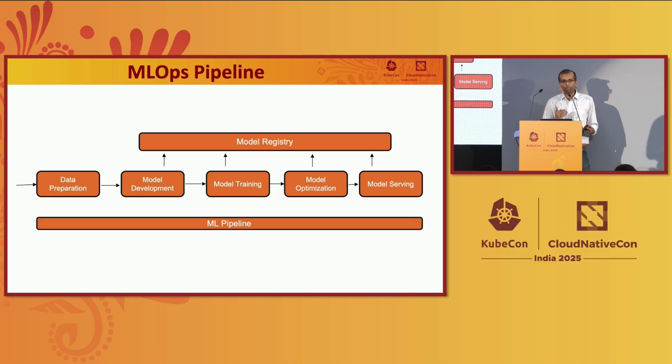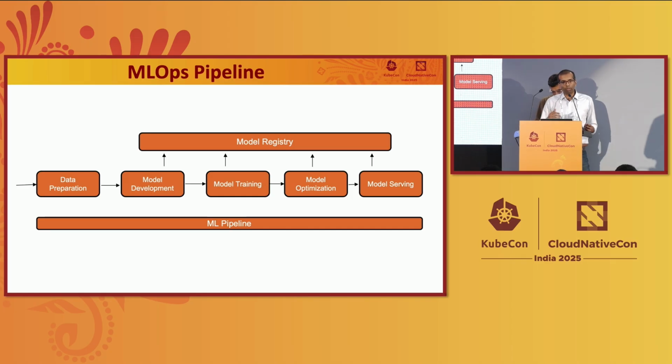Coupled with it, you do some tuning techniques, kind of like hyperparameter optimization. There are many techniques there where you optimize your model. And over time, you would have created many versions of models. And that is where model registry comes in, where you track all the versions of model. Once you have versioned models, you use your model serving to deploy a model specific to a version.